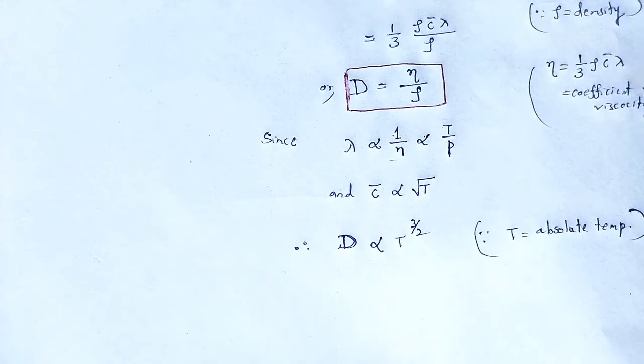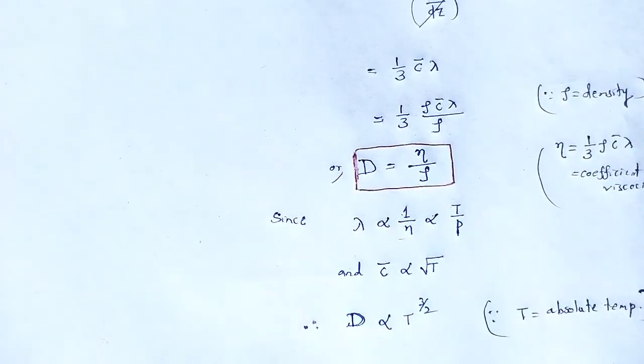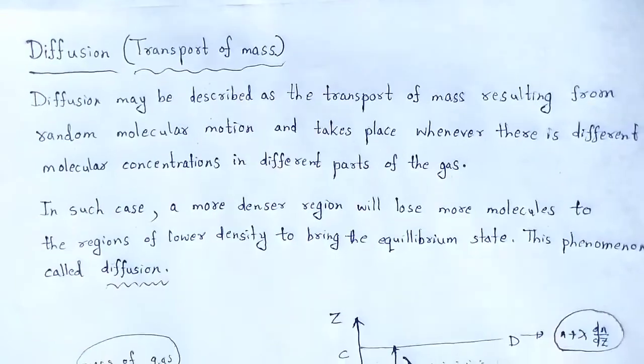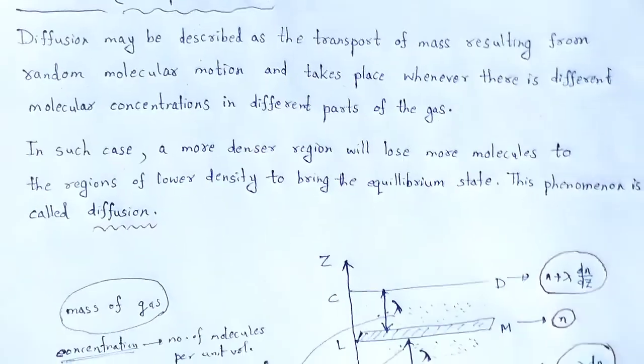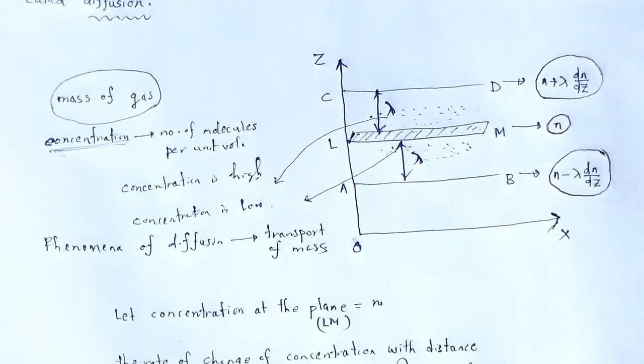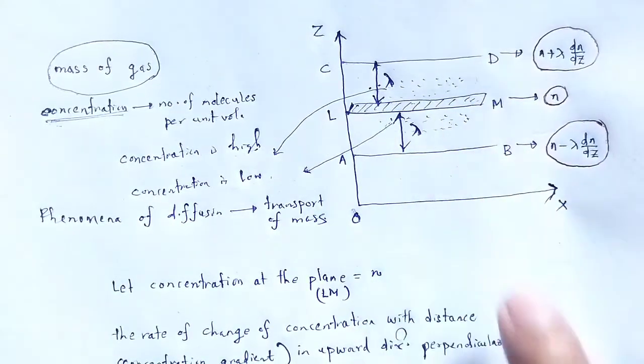This is the mathematical expression for the coefficient of diffusion. So with the help of this visual expression, we understand what diffusion is, meaning the transport of mass. This is the diffusion phenomenon, and mathematically we derive the equations related to diffusion of gases.